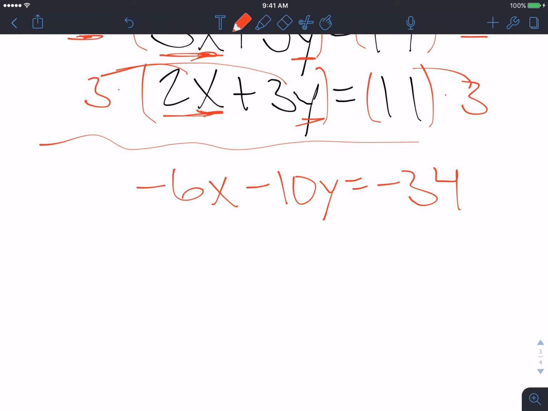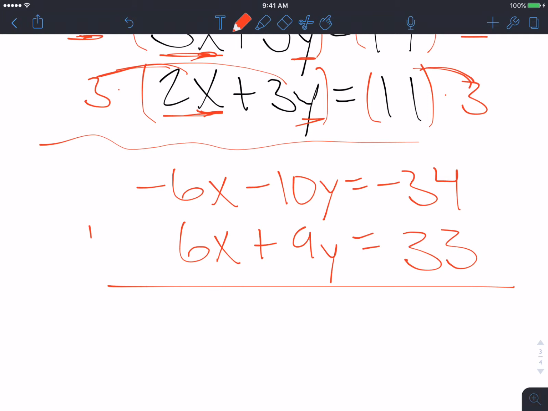Now we're going to do the bottom equation. 3 times 2 is 6x. 3 times 3 is plus 9y equals 3 times 11. I'm sorry, guys. 3 times 11 is 33. And now we're just going to add across. Or, I'm sorry, top down. I keep saying that.